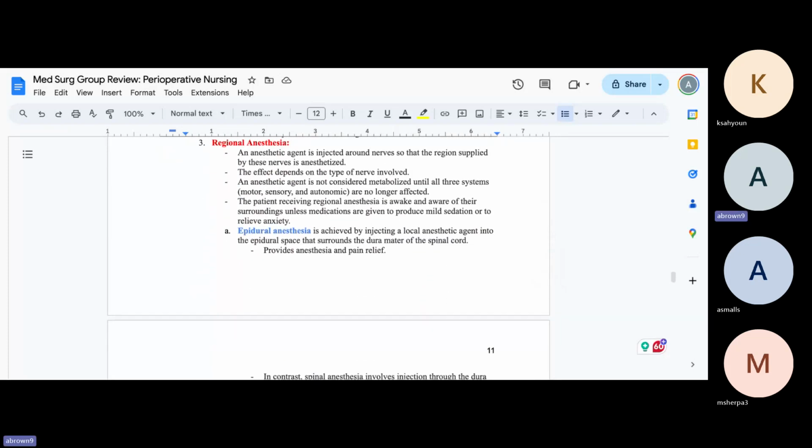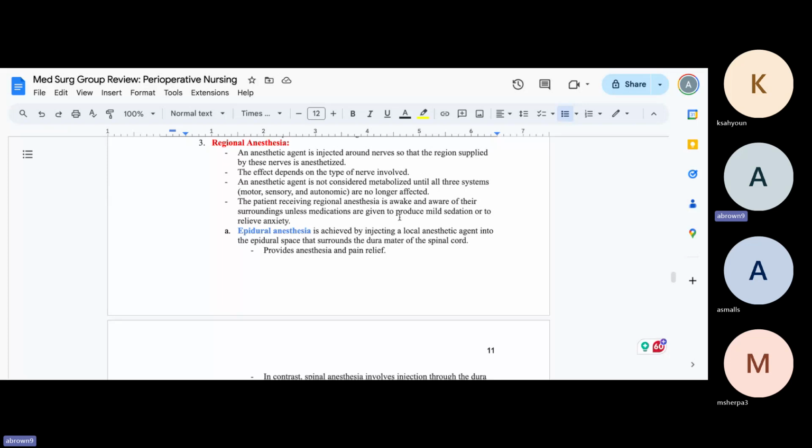Regional anesthesia: an anesthetic agent is injected around nerves so that the region supplied by these nerves is anesthetized. The effect depends on the type of nerve involved. An anesthetic agent is not considered metabolized until all three systems, motor, sensory, and autonomic, are no longer affected.